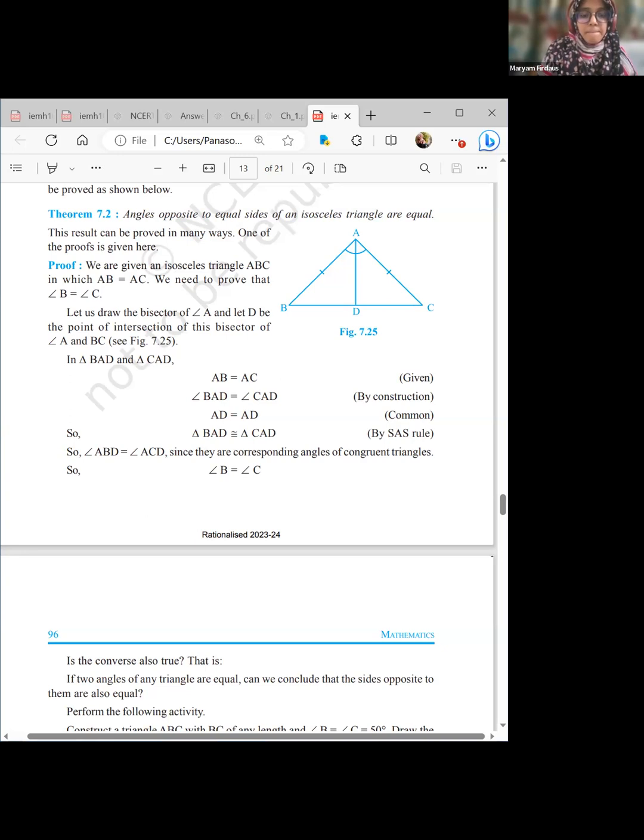What is the third thing that we can show as equal so that we can show these two triangles to be congruent? Yes, AD equal AD. Very good. AD equals AD. Reason being common side, or you can just say common.